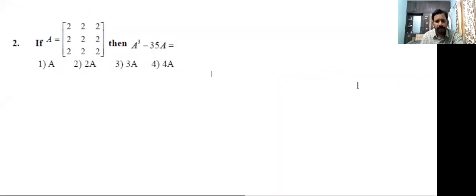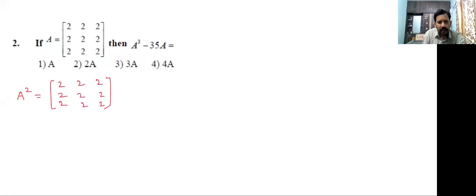In the next problem, the A matrix is given, with all entries 2. Find A cube minus 35A. The A matrix we already know. Now I am going to find A square. A square means what? A into A only. 2, 2, 2, 2, 2, 2, 2, 2, 2 times another A matrix of 2s.